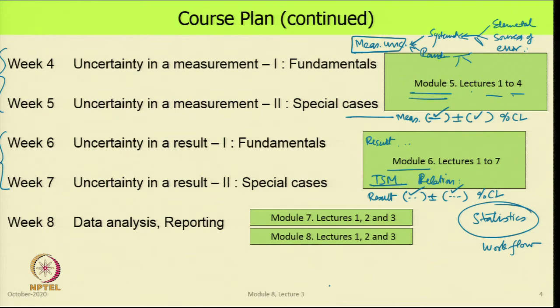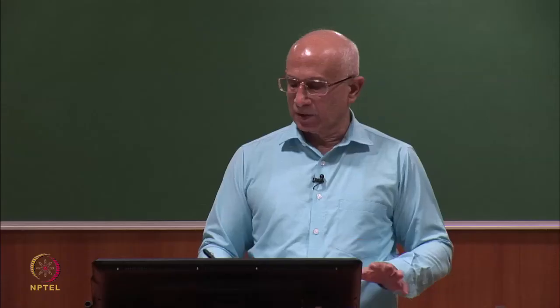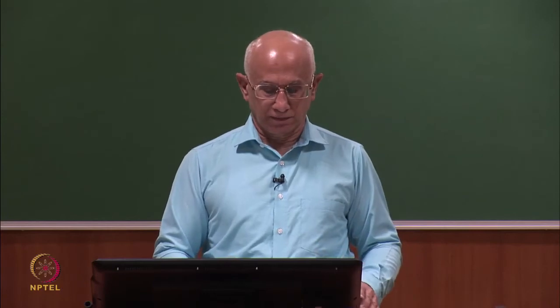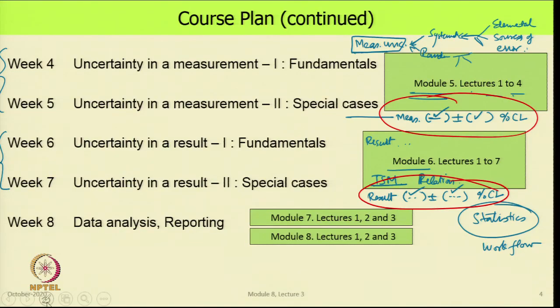So, that is what we set out to do: we wanted measurement uncertainty and result uncertainty. This is all the information with which we now move on to do further analysis and draw conclusions. That is what we saw in the data analysis part, where we learnt about regressions and correlation.